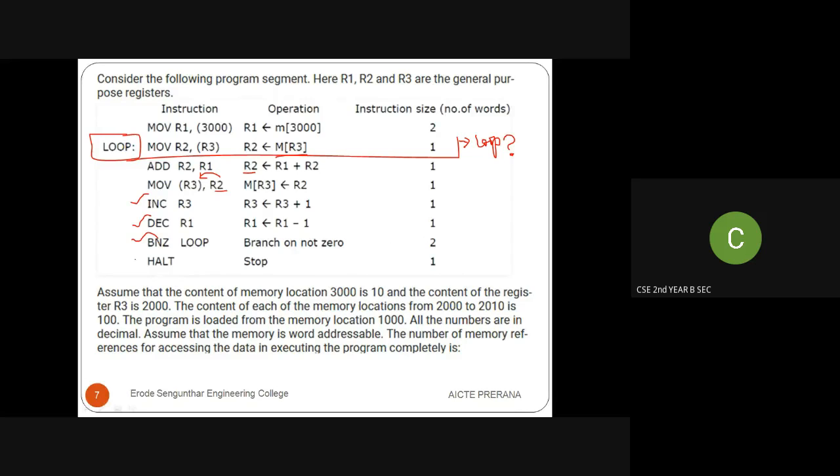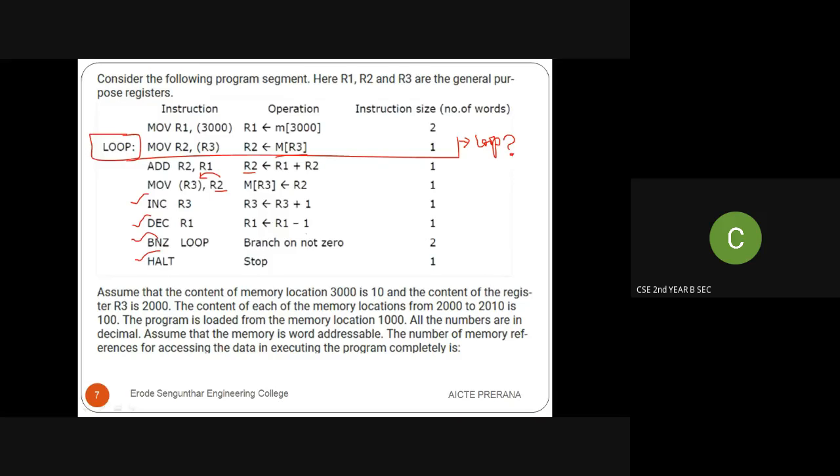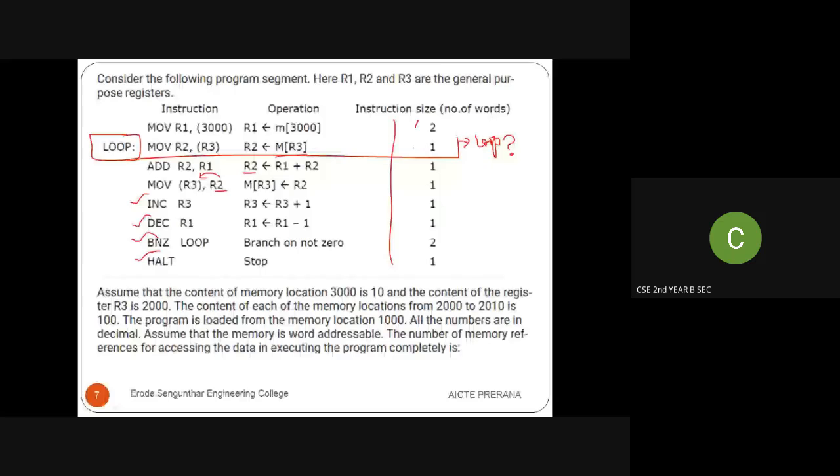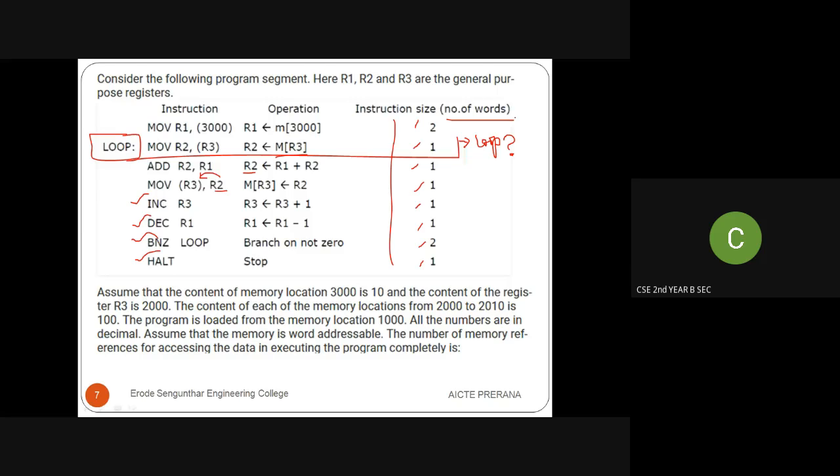Next, finally we will be halting the program. Okay, simultaneously you have to be clear with what instruction sizes they have given. How much size the instruction carries is also very important. They have clearly mentioned it in terms of words. So the total number of words is the instruction size criterion they have given.